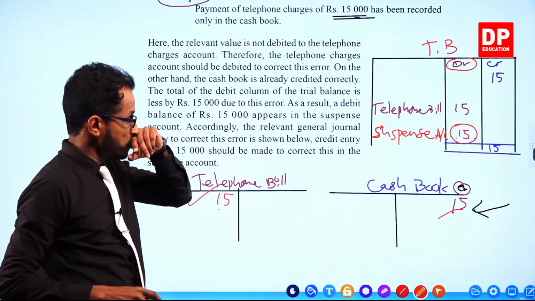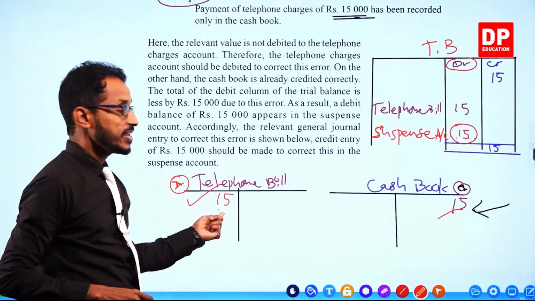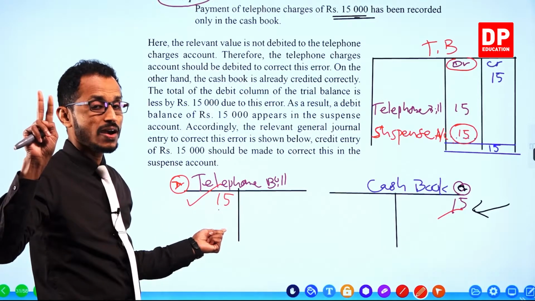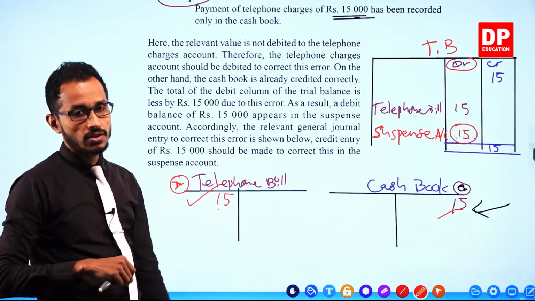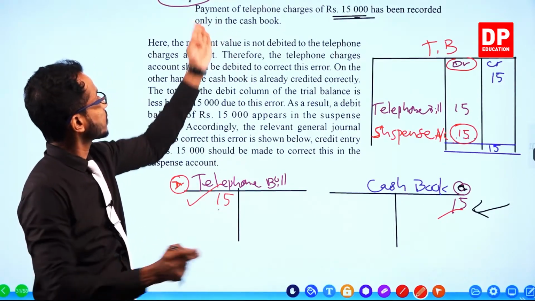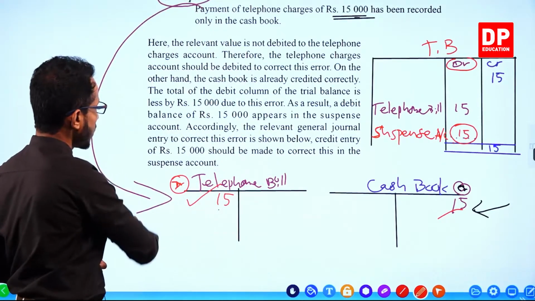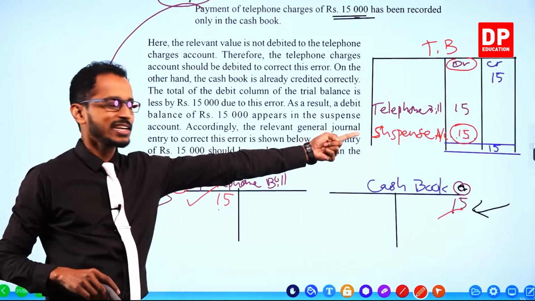Okay. Now we need a double entry to complete our rectifying entry or the correction entry. When we correct this error, we need a double entry. Double entry is what? Telephone bill debit, suspense account credit.